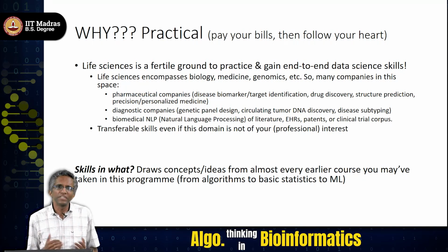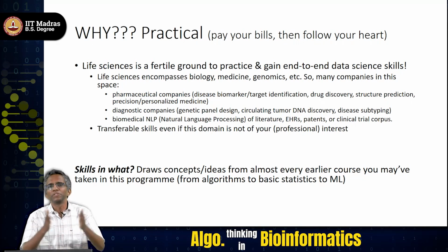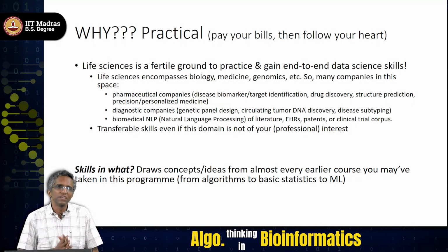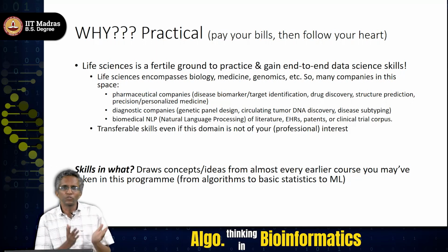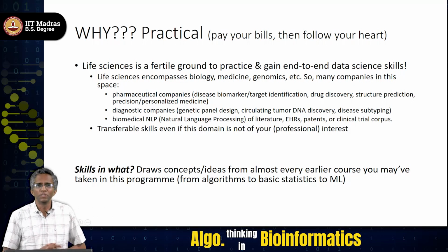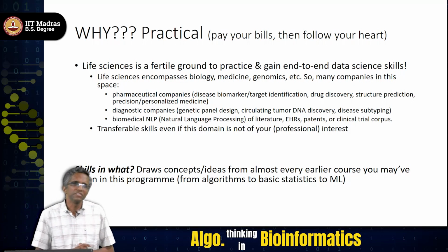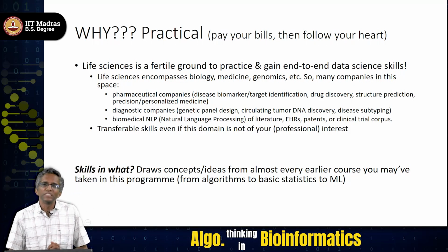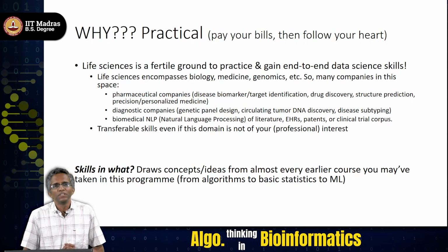There are many companies in this space, starting from pharmaceutical companies involved in drug or medicine discovery, to structure prediction of different molecules, to medicine that is not the same tablet given to everyone, but is personalized or targeted for certain groups of people, where you give different medicines for the same disease, right.